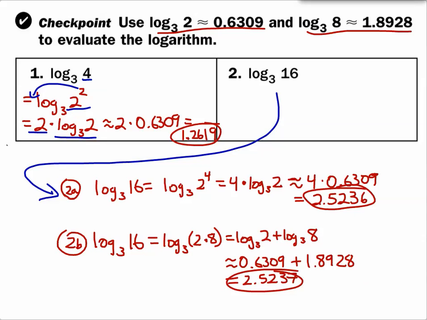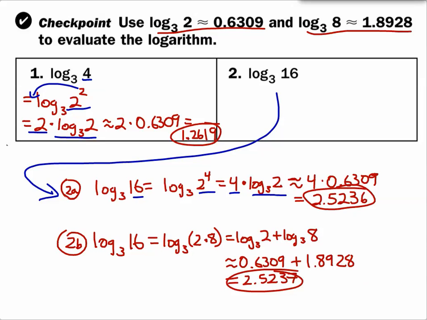What I mean is the first way I did it was I took that 16 and I rewrote that as 2 to the fourth, so I could bring the 4 down in front of the logarithm. And I just love that rule so much. I can't step away from it whenever it's a possibility. So it's 4 times that 0.6309. It's about 2.5236-ish. Yeah, give or take.